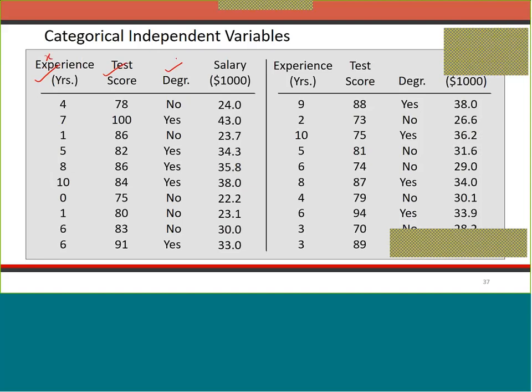So this is x1, this is x2 and this is x3. So x3 is a categorical variable and salary is your dependent variable. Now we have three independent variables and one dependent variable, so you have a multiple regression. The sample size we have taken is 20 observations.